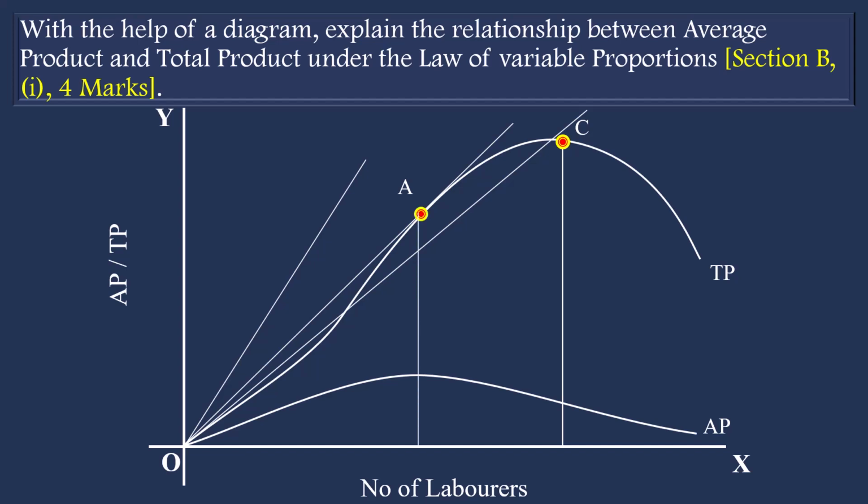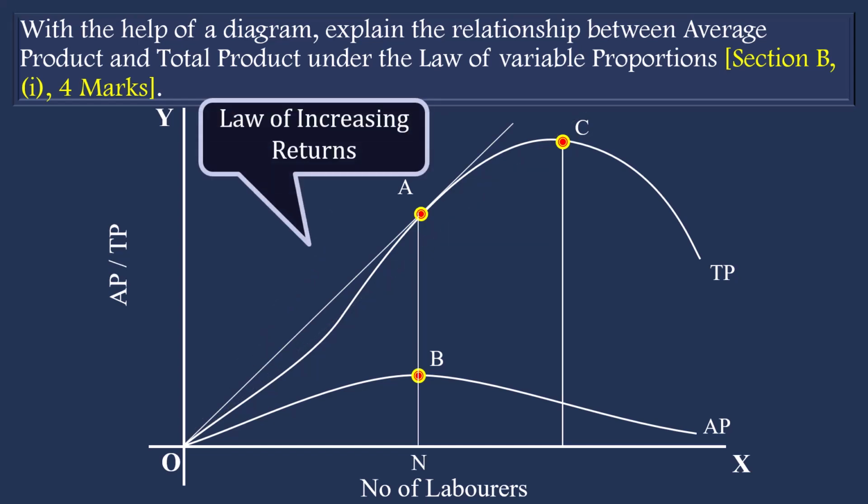Corresponding to that point, average product curve reaches its maximum point. It is shown by the point B. In this segment of the total product curve and the average product curve, law of increasing returns operate.